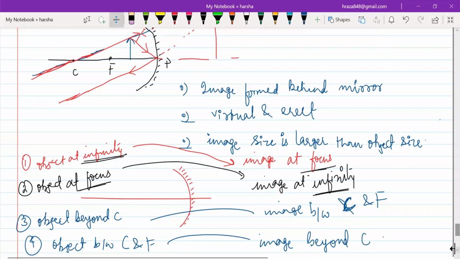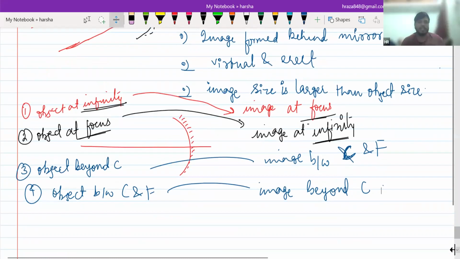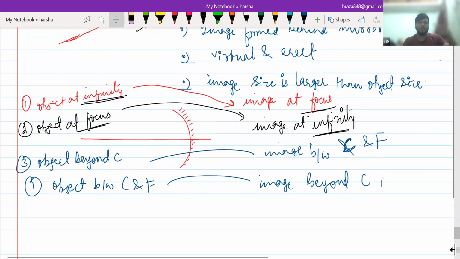Yes, sir. It will be opposite. You can see object at infinity, image will be at focus. Object at focus, image will be at infinity. Object beyond C, image between C and F. Object between C and F, image beyond C.